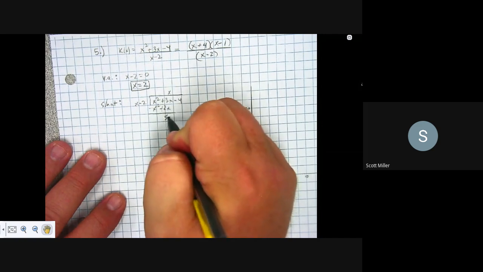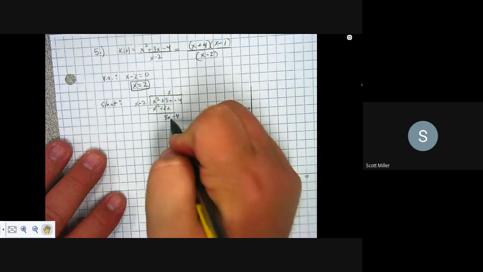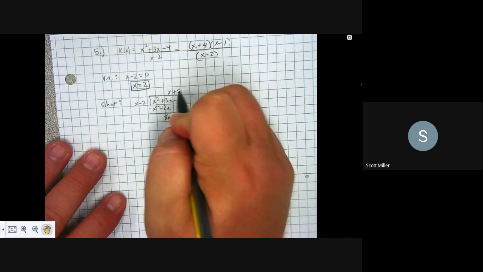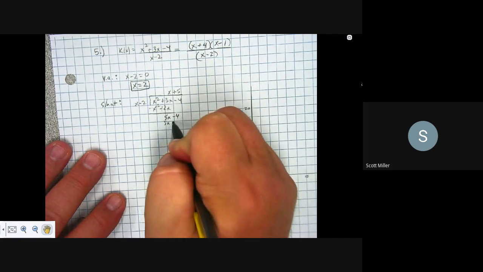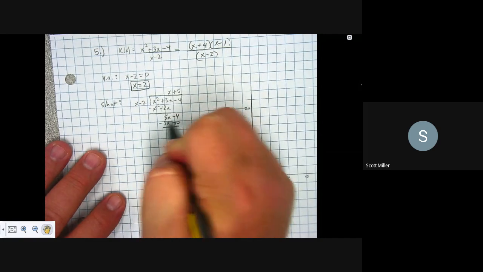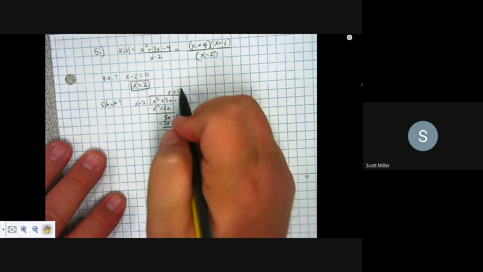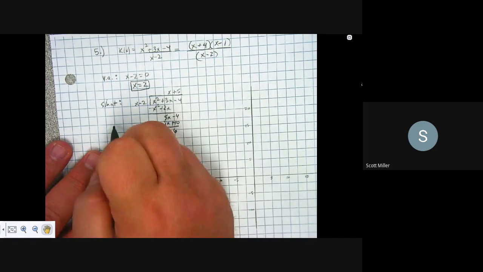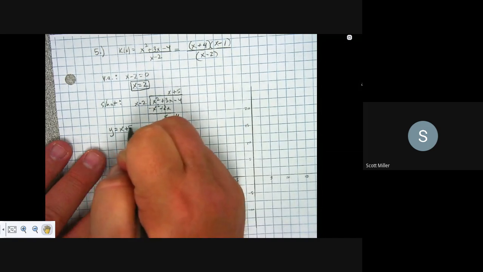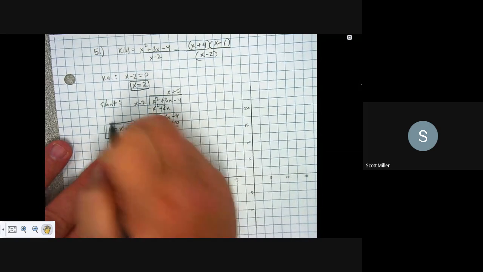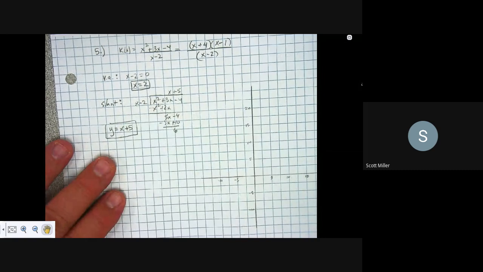This is now 5x. Bring down the 4. Repeat. Plus 5. 5x minus 10. This gives me a remainder of 6, but I don't care about the remainder. I only care about that right there. My slant asymptote is going to be y equals x plus 5. So we have a slant at x plus 5.